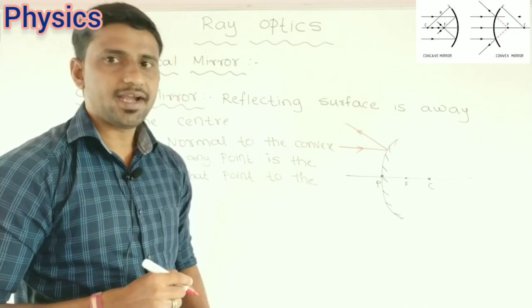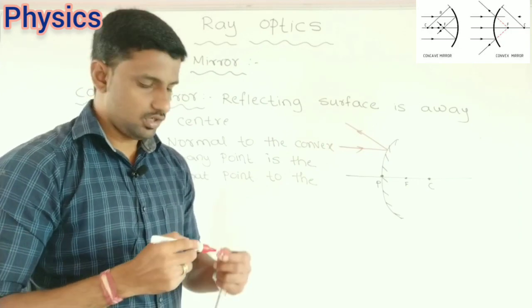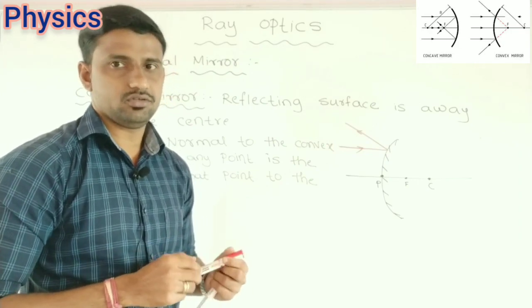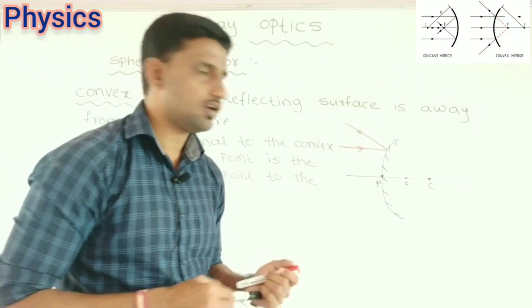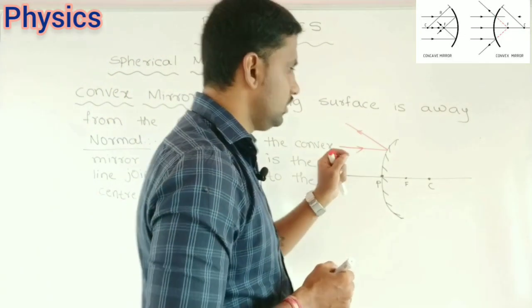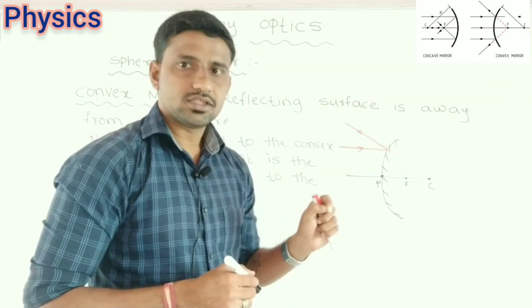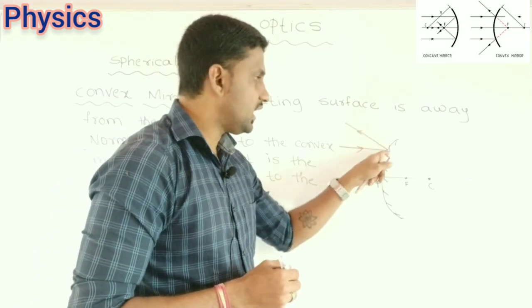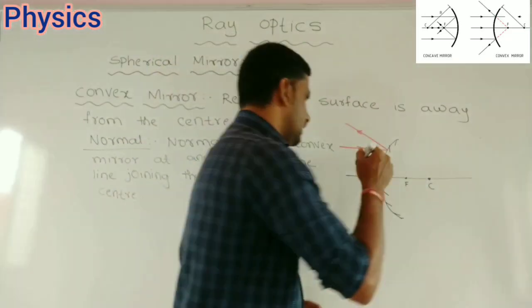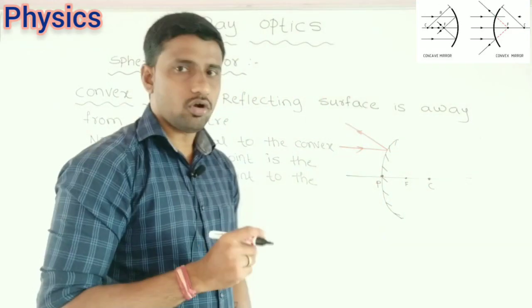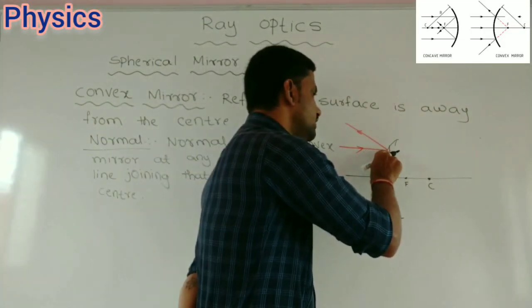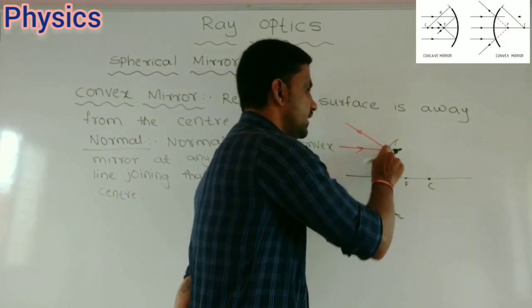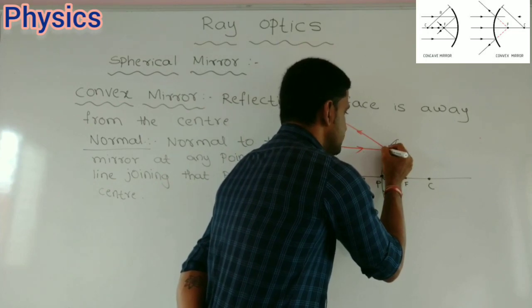Now I want to find the angle of incidence and angle of reflection. To know them, I am drawing one line. That line is called the normal. That line should be drawn from the point at which the incident ray and reflected ray meet on the reflecting surface.